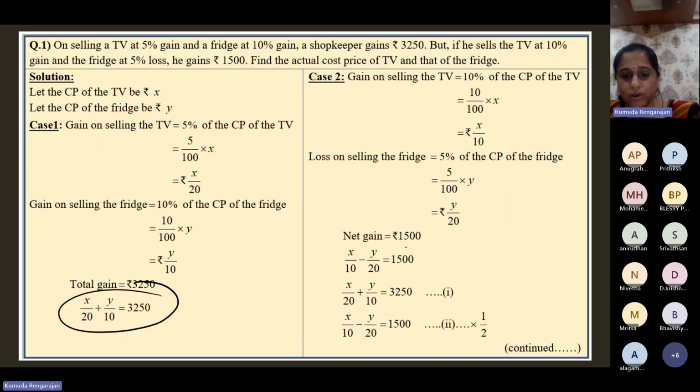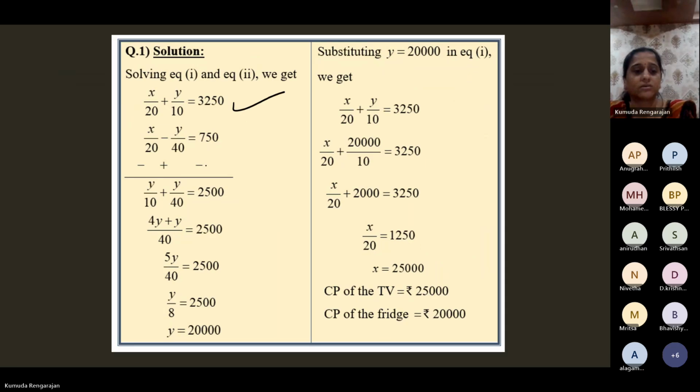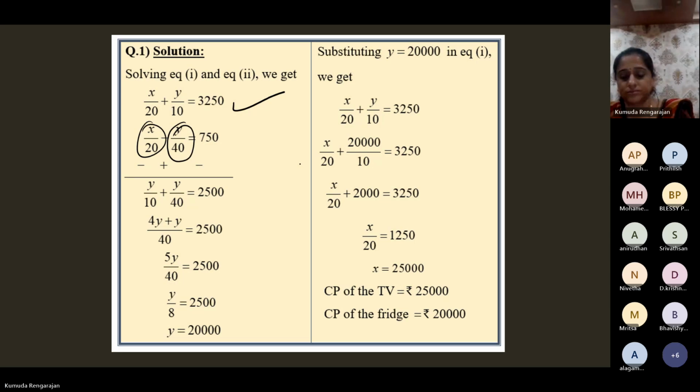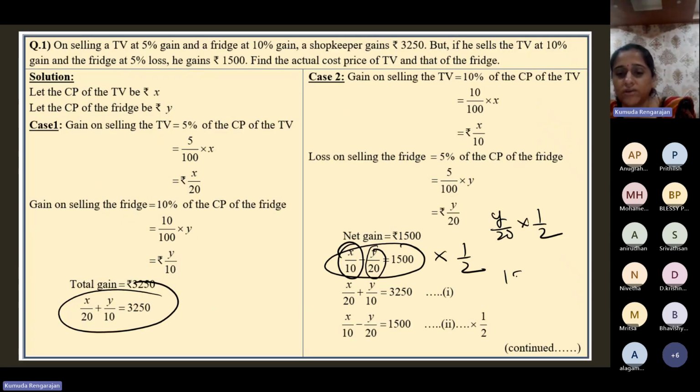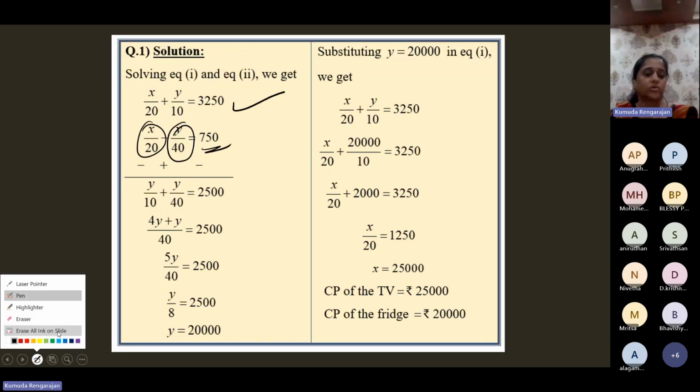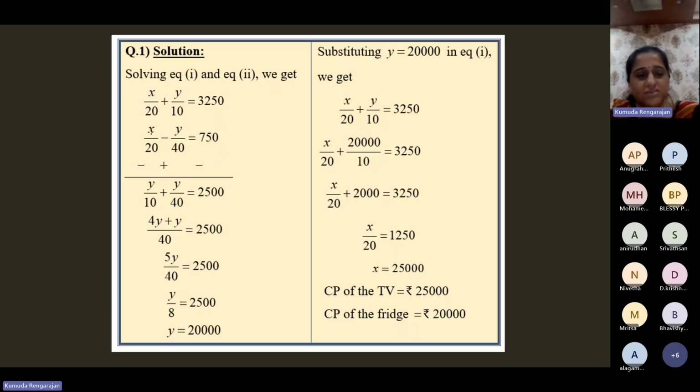So X by 10 into 1 by 2 is X by 20. Y by 20 into 1 by 2 is Y by 40. 1500 into 1 by 2 is 750.